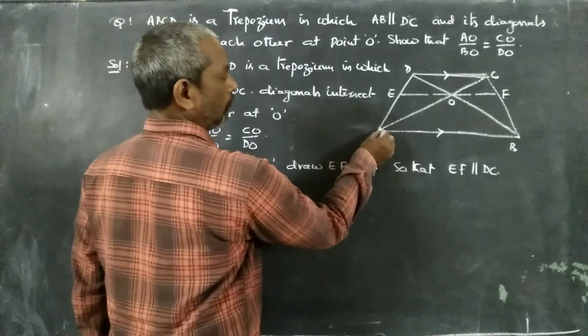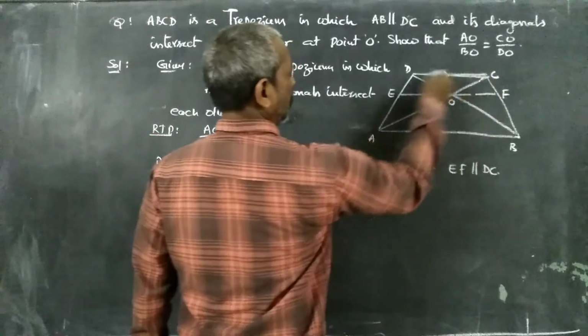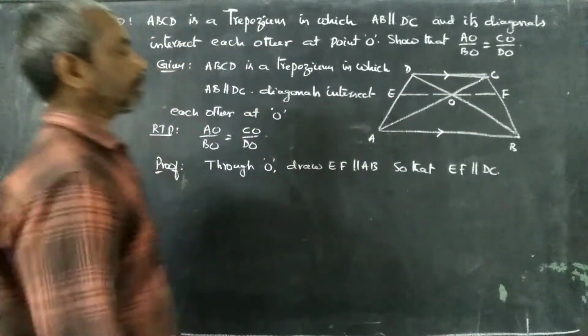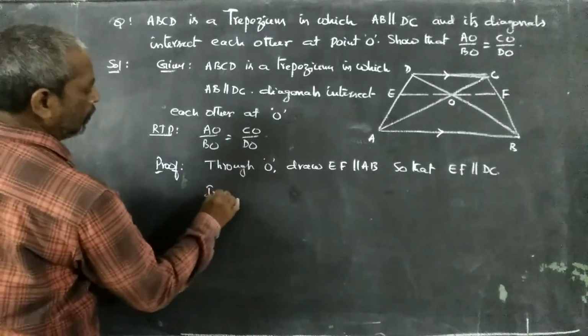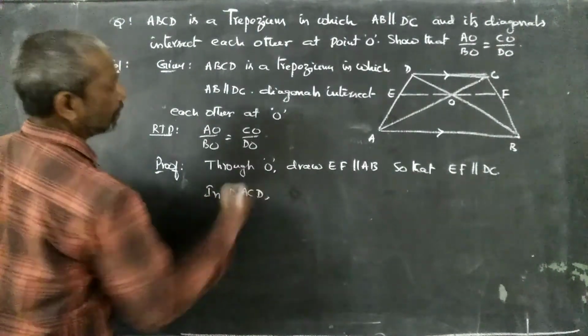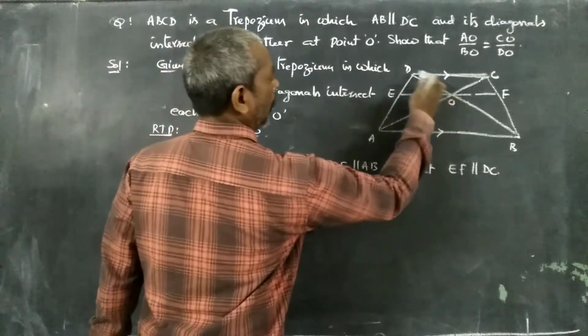Now, consider triangle ACD. In triangle ACD, EO is parallel to DC.